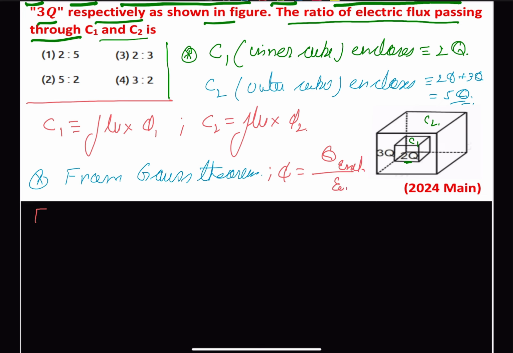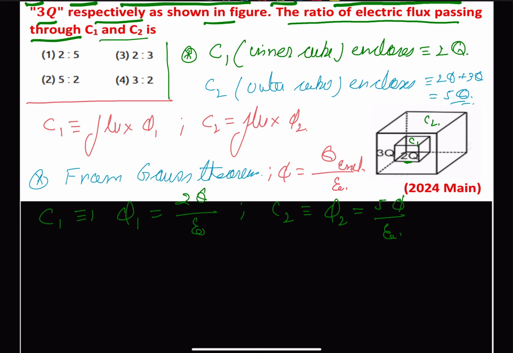So for C1, that is our phi1, is equal to charge enclosed, in this case 2q, so it comes as 2q upon epsilon naught, and for C2, that is our phi2, it comes as 5q upon epsilon naught. We have to find the ratio of C1 upon C2.